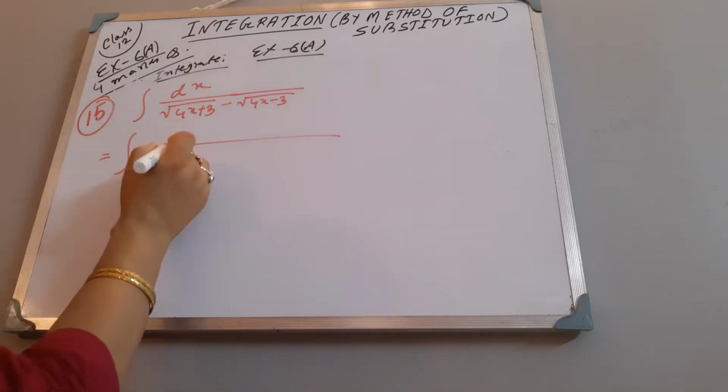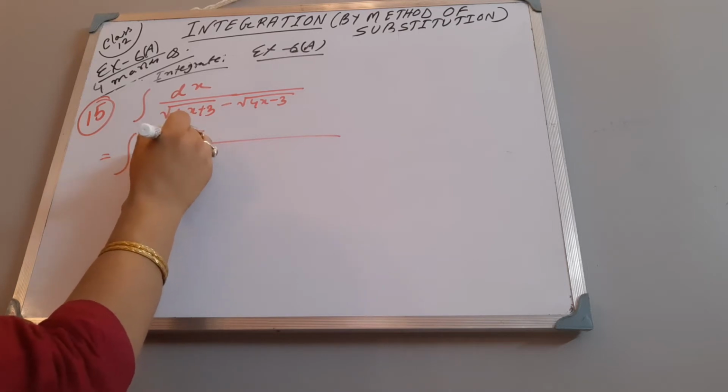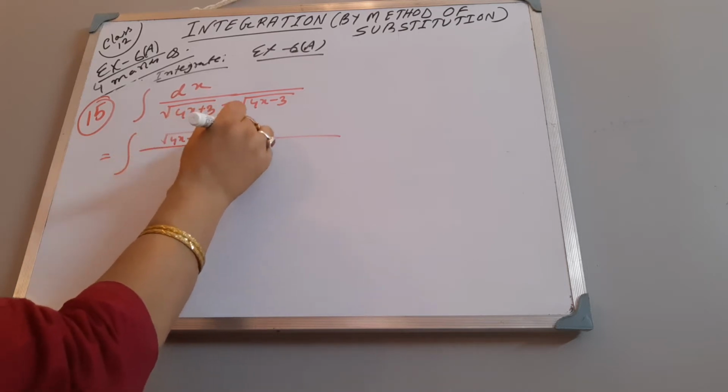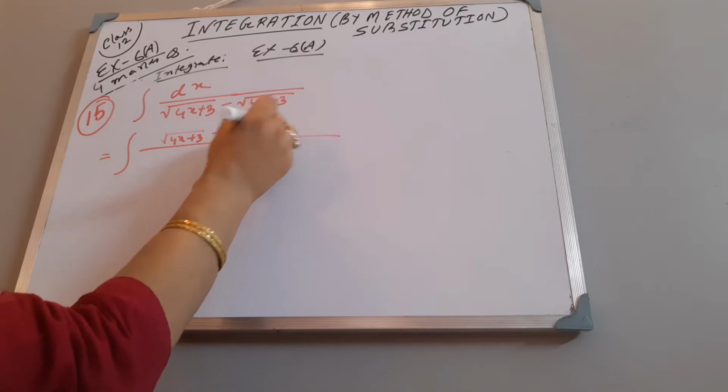In the numerator only 1 is there, so write here square root of 4x plus 3 plus square root of 4x minus 3.